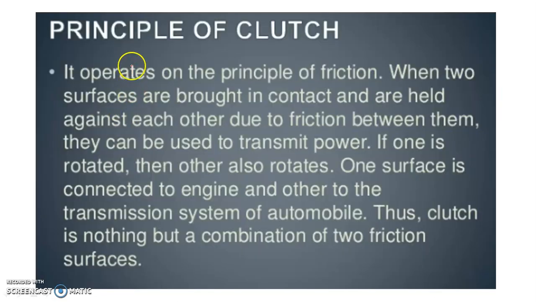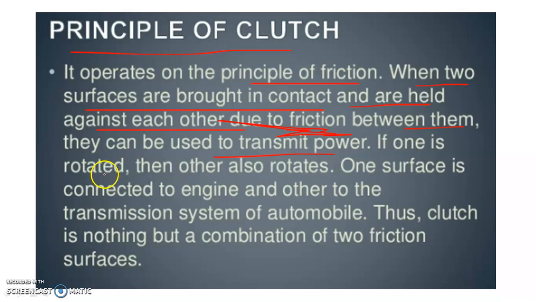After that, what is the principle of clutch? Principle of operation of the clutch. It operates on the principle of friction. So friction that we have studied in engineering mechanics, that concept is utilized in operation of the clutch. How? When two surfaces are brought in contact and are held against each other due to friction between them, they can be used to transmit power.